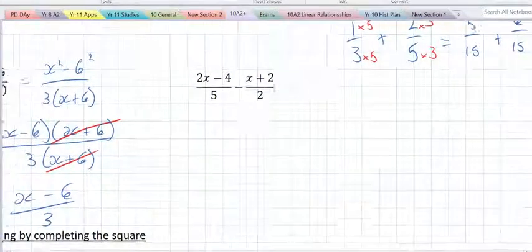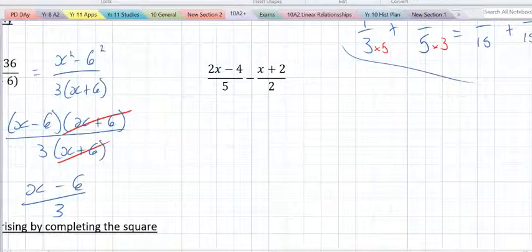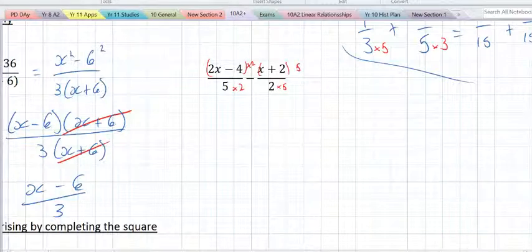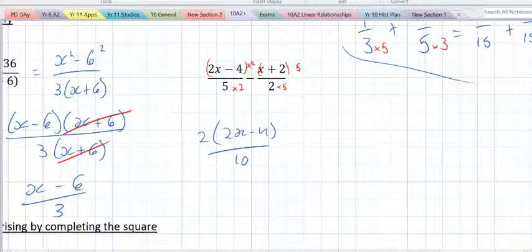Now we use exactly the same thing with an algebraic fraction. What's a common multiple of 2 and 5? 10. So you multiply both top and bottom by what you need to get them to 10. You multiply it by 2 there, and this one by 5. And then you have 2 lots of 2x take 4 over 10 minus 5 lots of 5x plus 2 over 10.